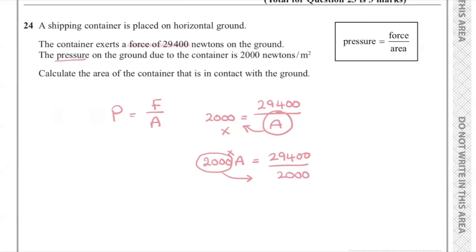You put that into your calculator and you get 14.7 meters squared. Now, something to note. The answer, the dotted line here at the bottom, does not have the units. So one of your marks, 100%, is going to be linked to that meters squared, because they've not given it to you. So make sure you're picking that information out of the question.